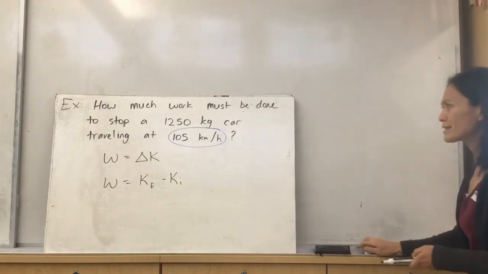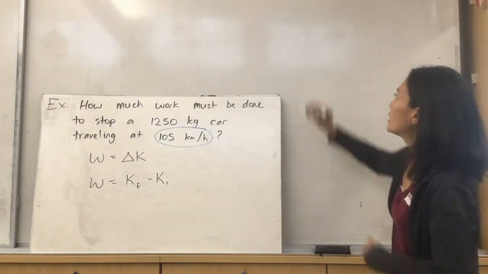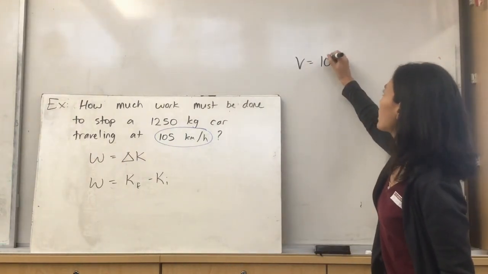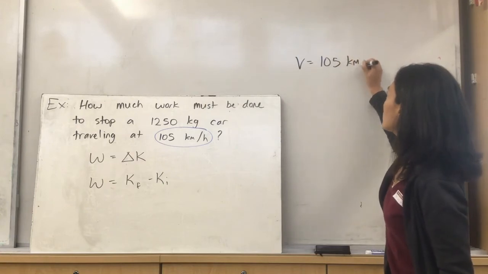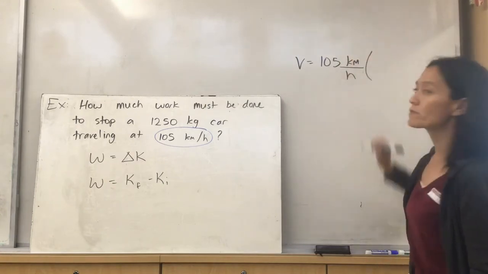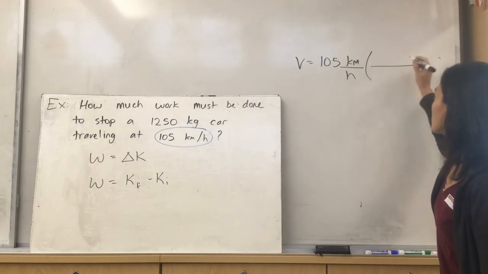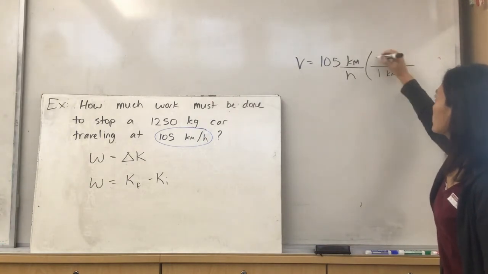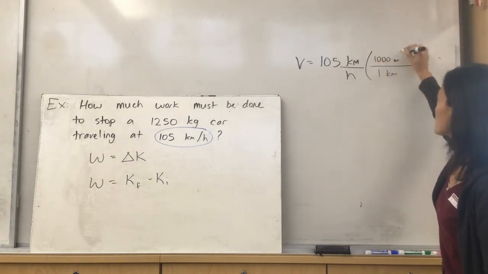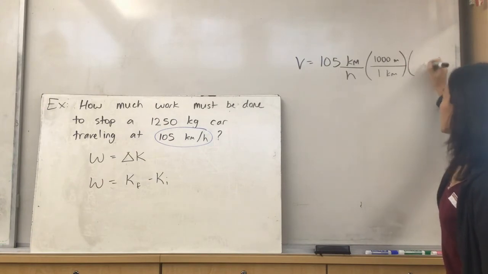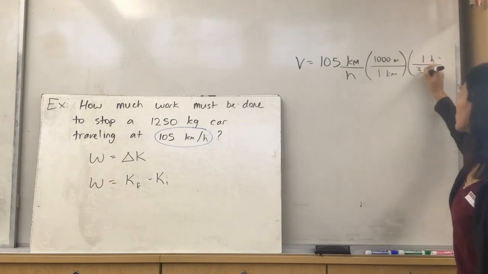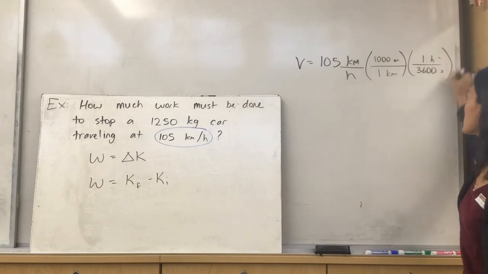So this is just good practice of how to convert. Your velocity is 105 kilometers per hour. So a little bit of dimensional analysis says that I've got 1 kilometer is 1,000 meters. And 1 hour is 3,600 seconds.